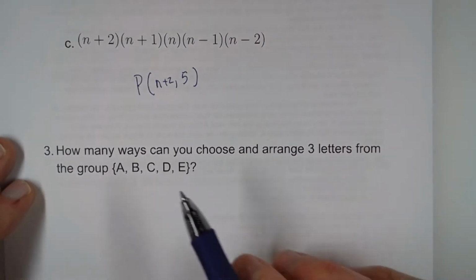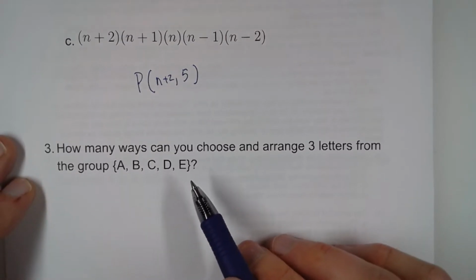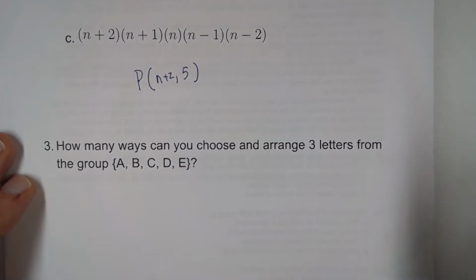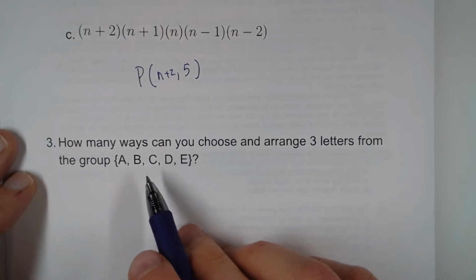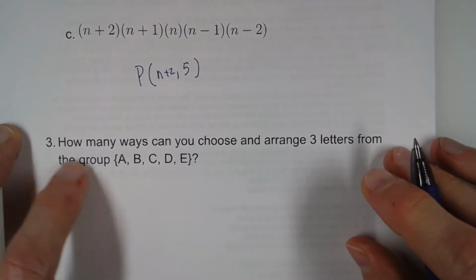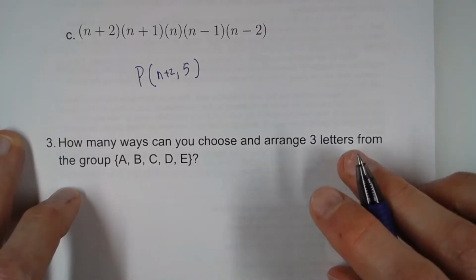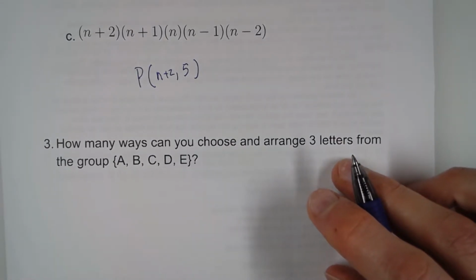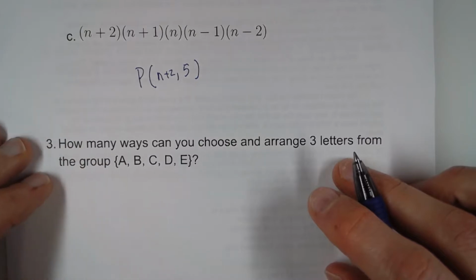So number 3, how many ways can you choose and arrange 3 letters from the group A, comma B, comma C, comma D, comma E? So there are 5 letters to choose from, and we are choosing 3 to put into order.